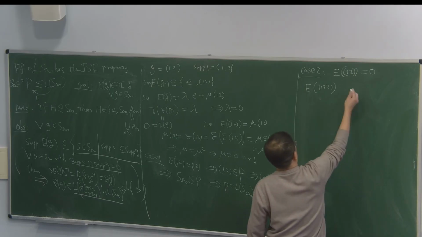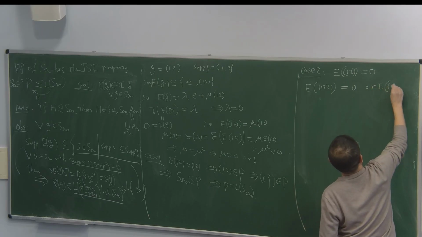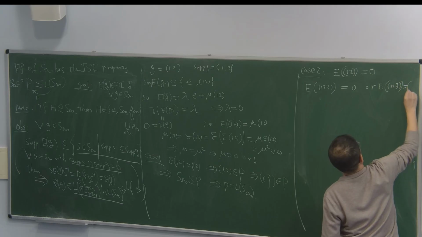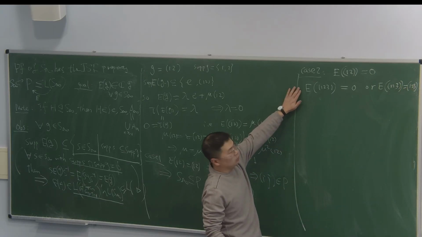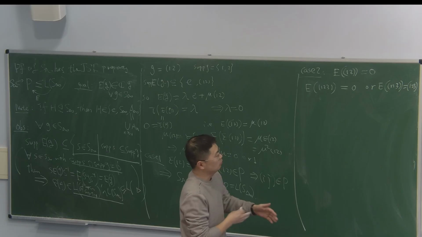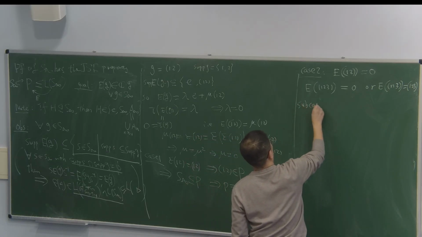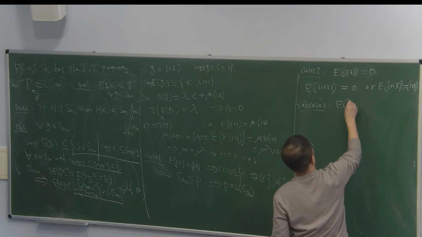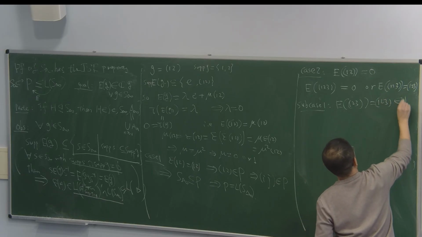You can still show this is either 0 or (1 2 3). It takes some work, but you can still do it. So subcase 1: E of (1 2 3) equals (1 2 3), so this lies in P.